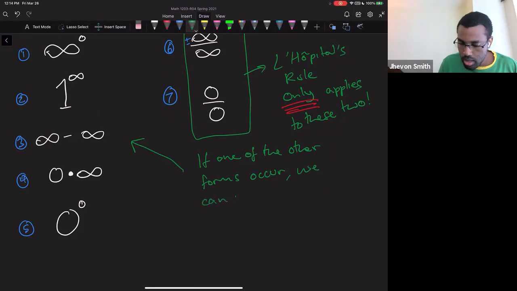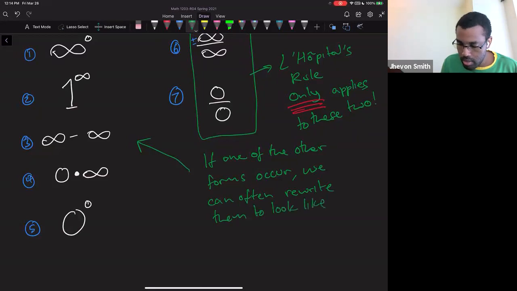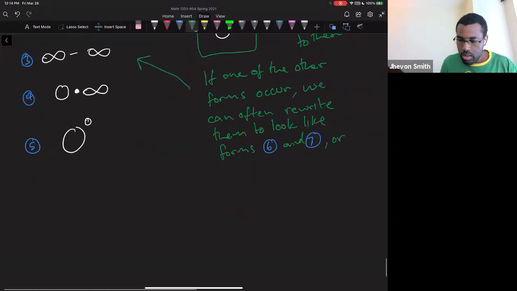We can often rewrite them to look like forms 6 and 7, or something else useful.